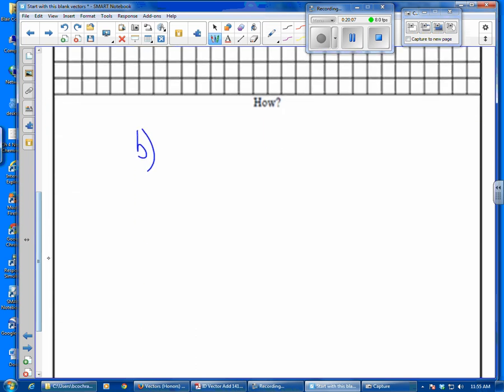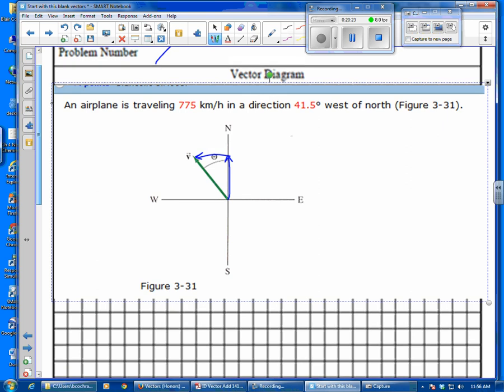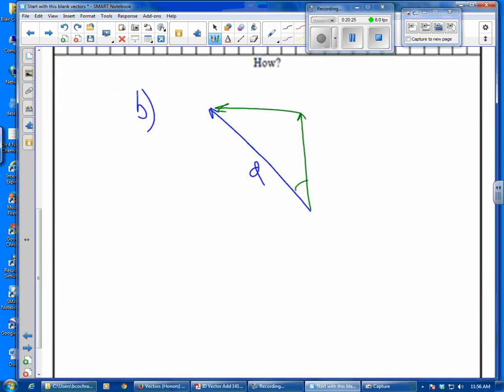So I'm going to draw my displacement like this. That's my D. And then I want its northerly and westerly components, and I know this angle is 41.5 degrees. And now the question, and this is something you'll get better at with time as you do more and more of these. The adjacent side is related to what trig function?